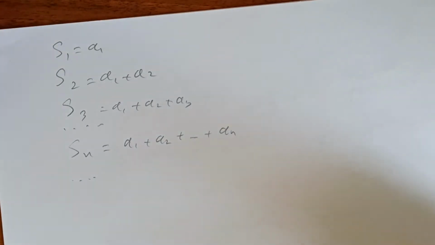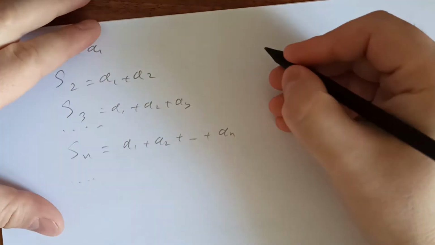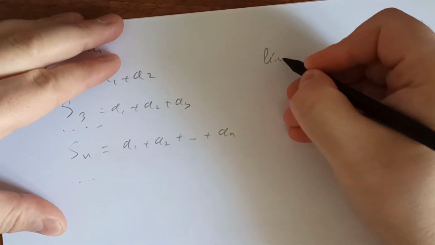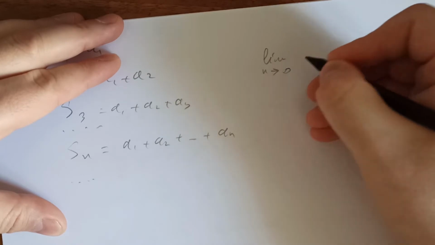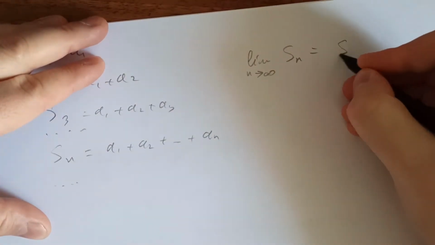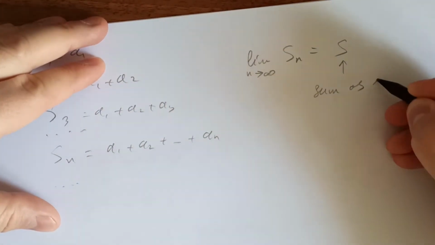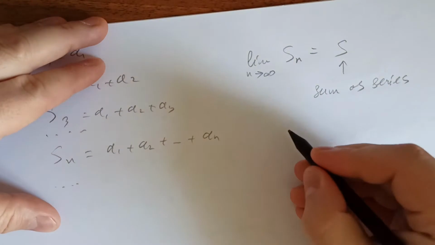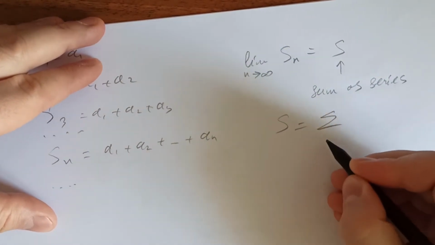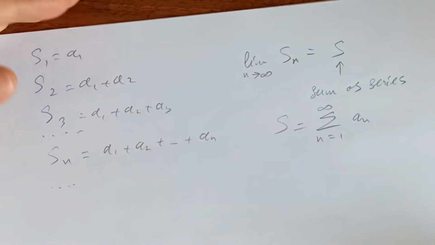So if we have this sequence S_1, S_2, S_3, and so on, S_n, we can take the limit when n tends to infinity of S_n, and we call this number the sum of the series. So S will be sum n from 1 to infinity of a_n.